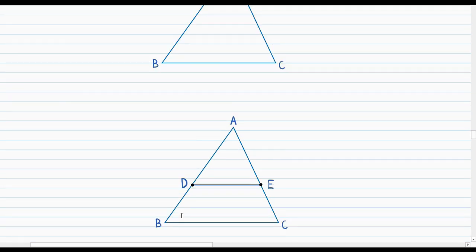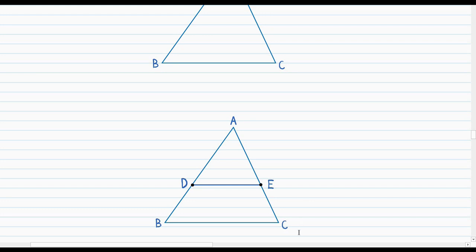So I've drawn a line parallel to this third side, and I need to show that line DE splits the other two sides, meaning lines AB and AC, in the same proportion. I'll tell you how I prove that exact statement in just a second, and to do this I need to add in 4 extra lines.